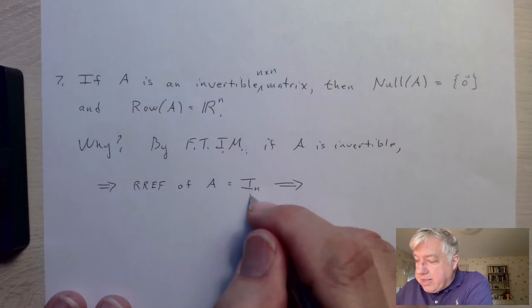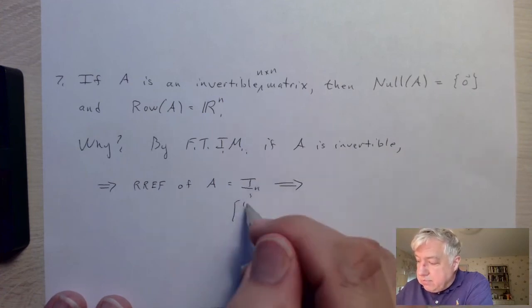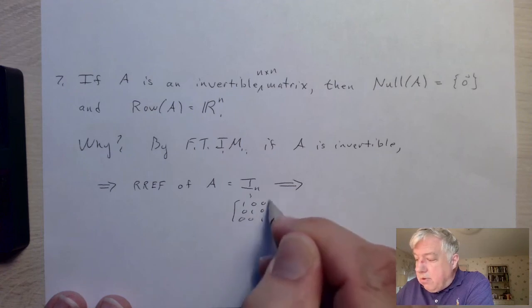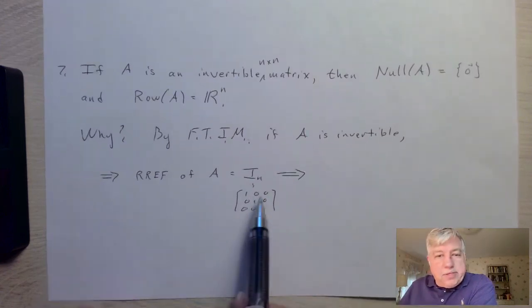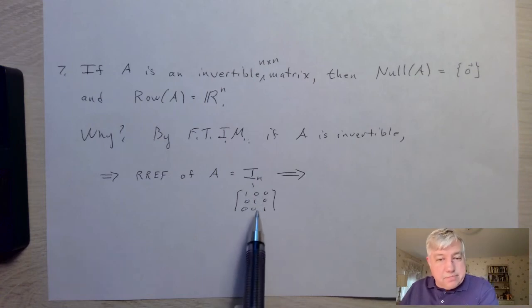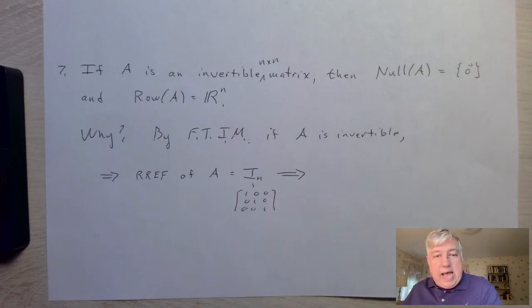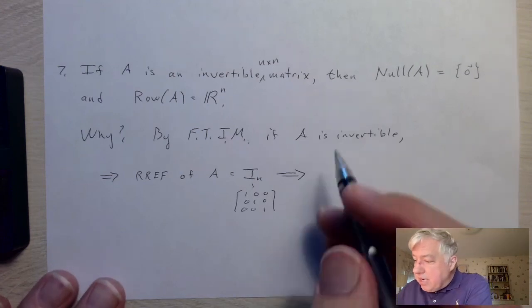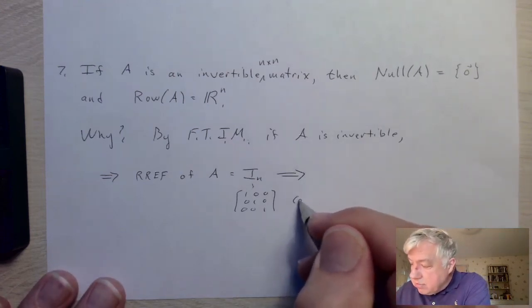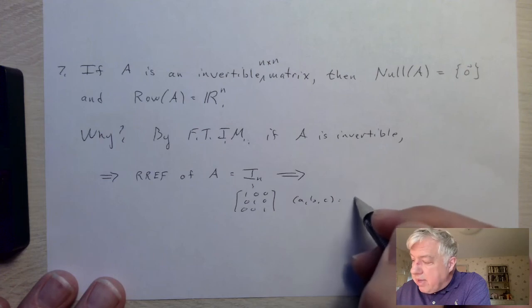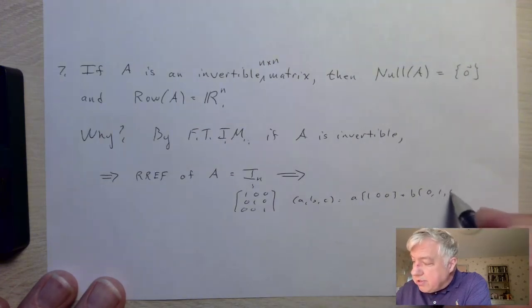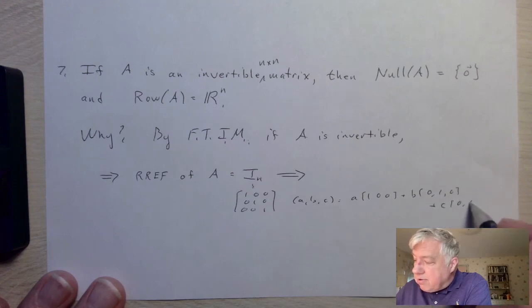Remember, the identity consists of the rows 1, 0, 0; 0, 1, 0; 0, 0, 1, and we can see that these vectors will span; any element in Rn will be a linear combination of these rows. For example, (a, b, c) can be written as a times (1, 0, 0) plus b times (0, 1, 0) plus c times (0, 0, 1).